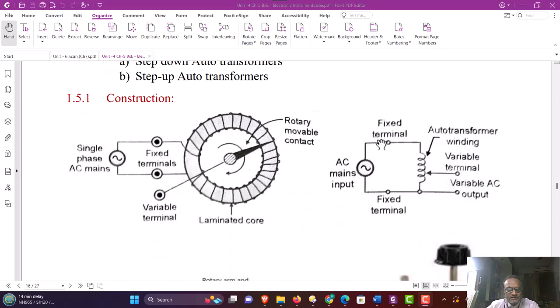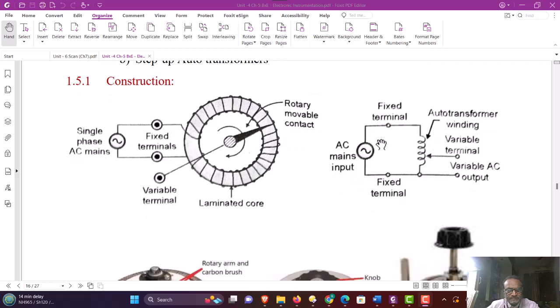Let us see the construction of auto transformer. Here in the figure, you will see a toroidal core in the form of a cylinder on which the winding is wound. The two ends of the winding are called fixed terminals, where the AC supply is connected. Whereas the output terminal, called the variable terminal, is connected to this winding via a mechanical wiper.